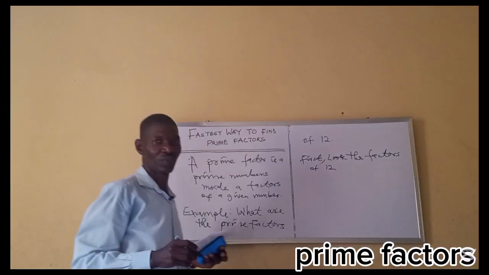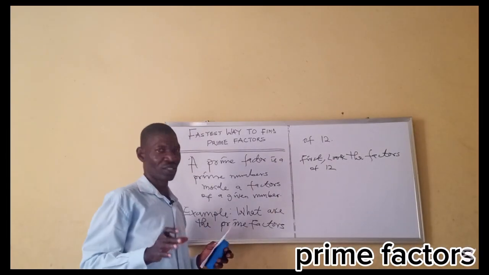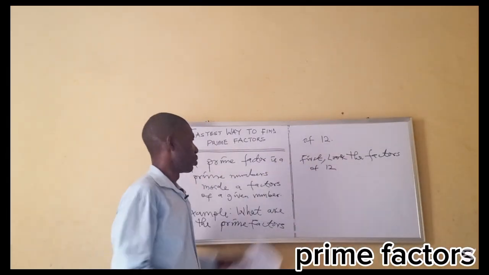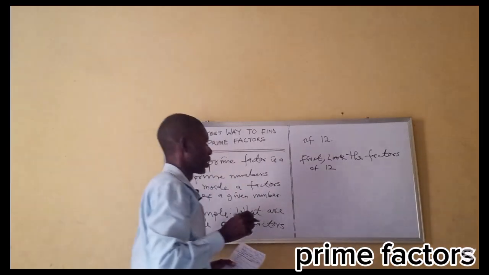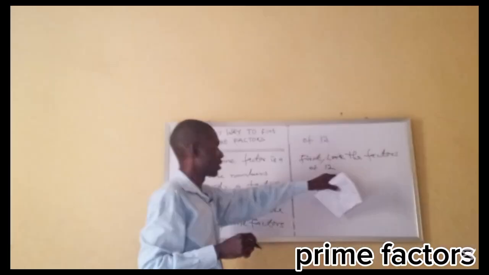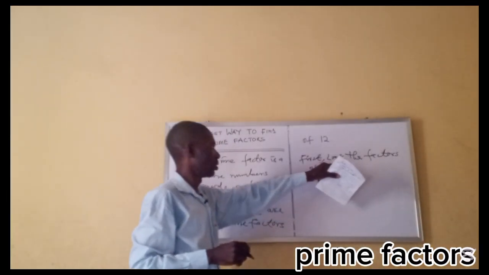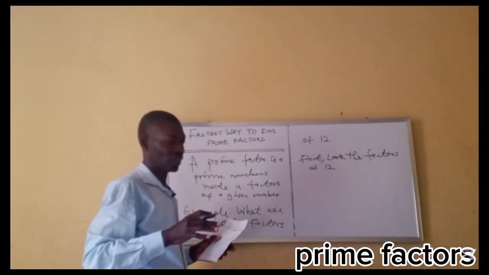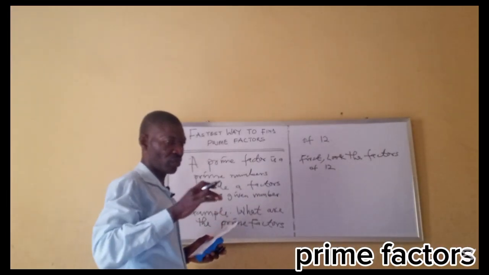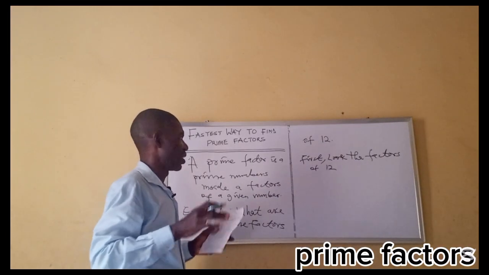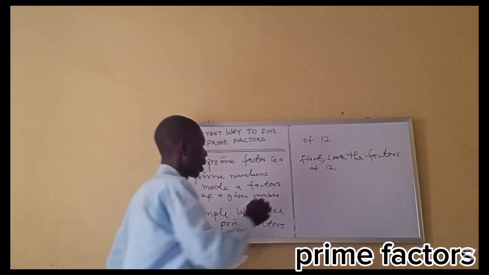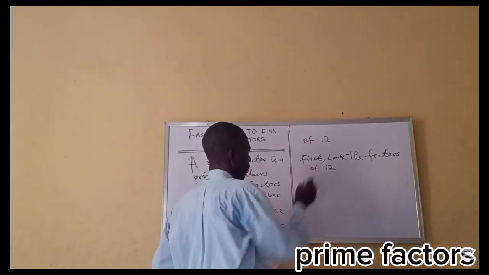Hope you are following. Hope you are getting it. First thing, you look for the factors of 12. I told you earlier that factors are numbers that divide a particular number exactly without decimal places. So we are going to look for the factors of this 12.